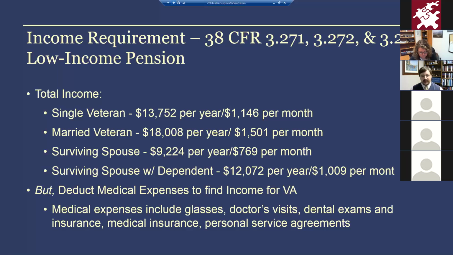You'll note that we haven't talked about a disability requirement with low-income pension benefits, and that's because there's not a disability requirement. It's based solely on income and medical expenses.